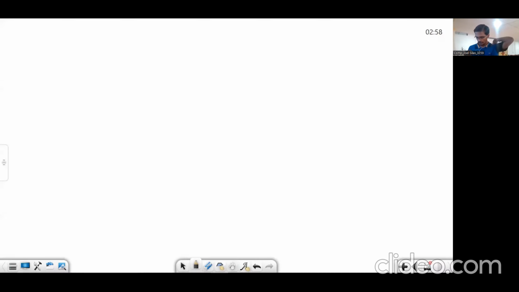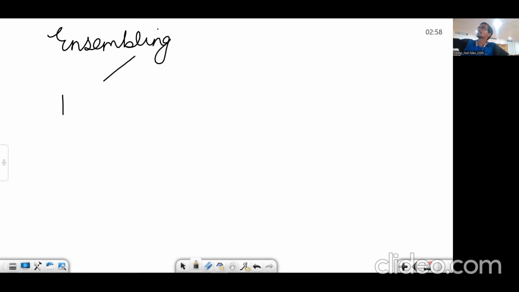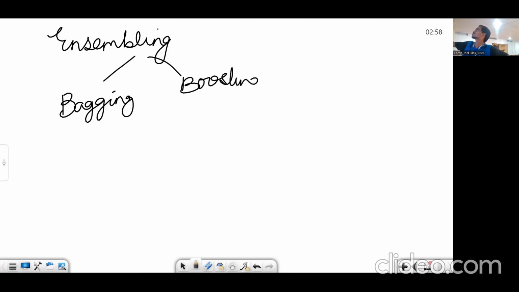So now we will be using ensembling techniques. There are two types of ensembling. One is bagging and the other is boosting. Now in bagging, we have the algorithm called random forest.